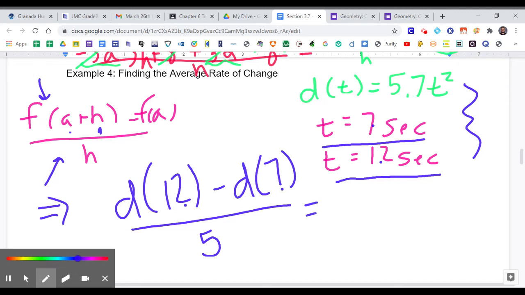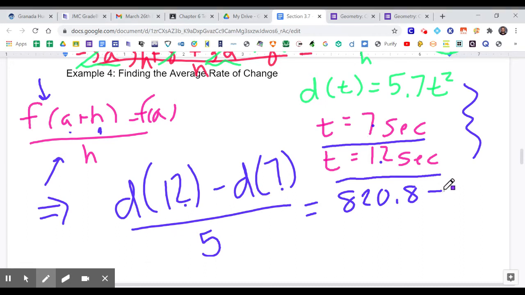So 5.7 times 12 squared is 820.8, minus, then we find the distance at time 7, which is 279.3, all over h, which is the change in time, which is 5 seconds.